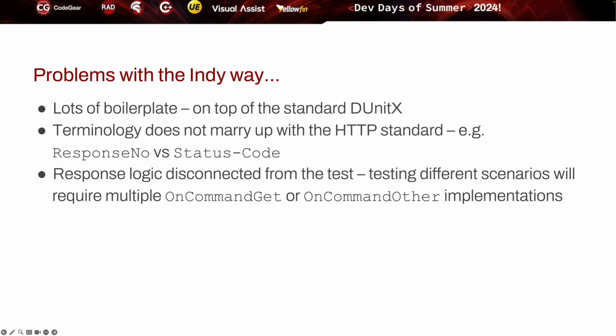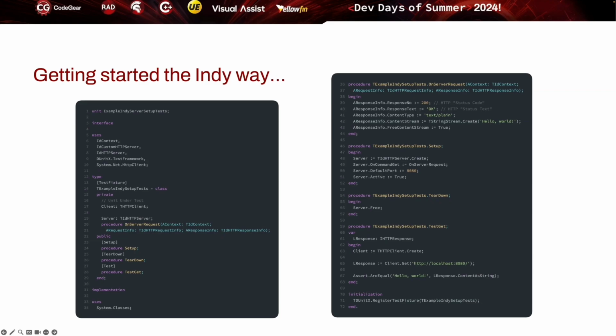And if I briefly take you back to the code, we could define on the left-hand pane, where I've defined client and server, a bunch of variables that we could manipulate in the test, and they would then somehow change the response that comes back in the OnServerRequest.